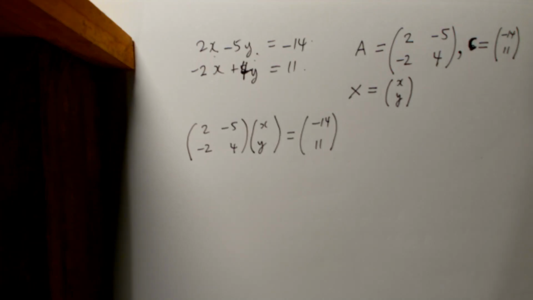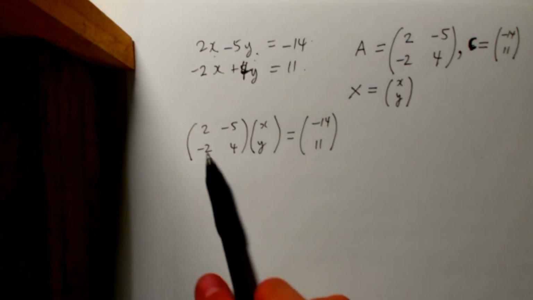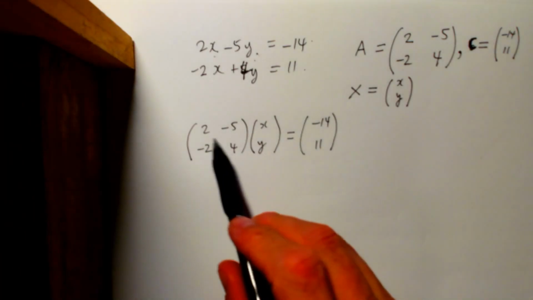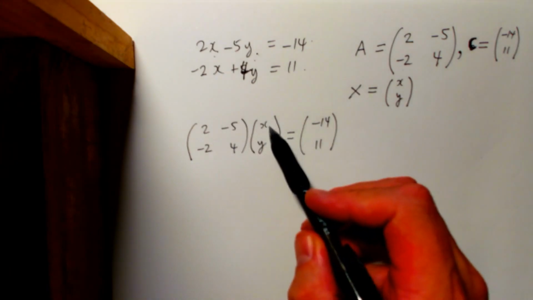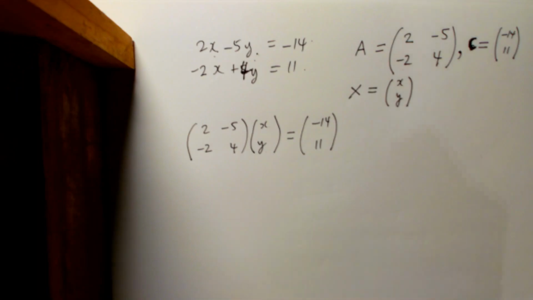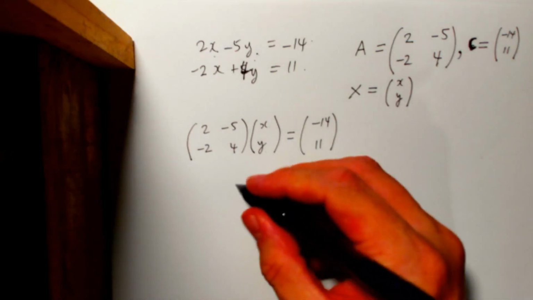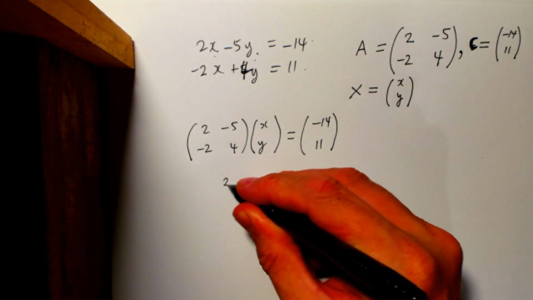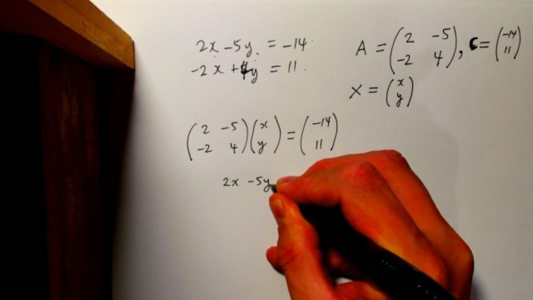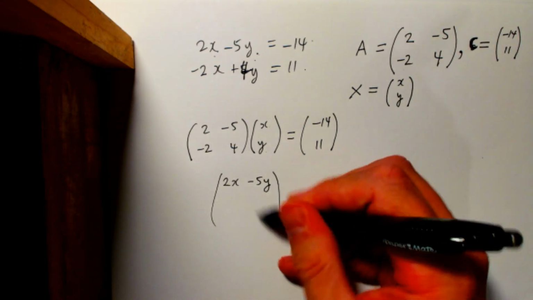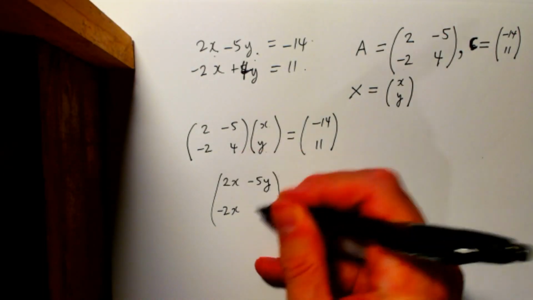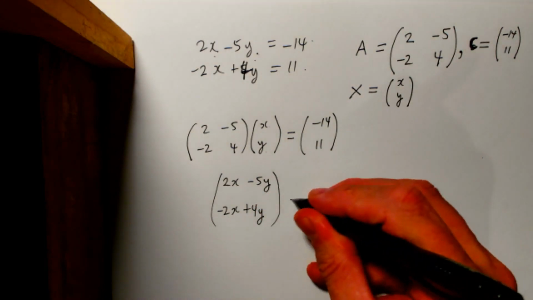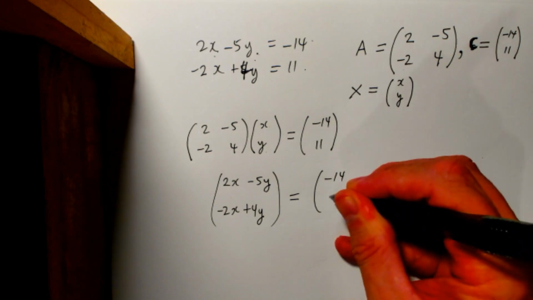And to fully understand that, you'll need to read ahead a little bit on matrix multiplication, because if we multiply this out on the left, basically I take this row and pair it with this column, multiply 2 times x and minus 5 times y, and take the sum, just like you would in a dot product. So multiplying that out, we have 2x minus 5y in our first row of the product matrix, and then minus 2x plus 4y equal to minus 14, 11.